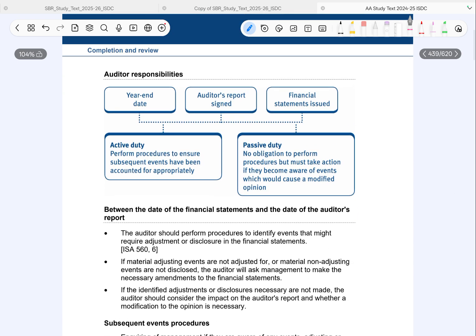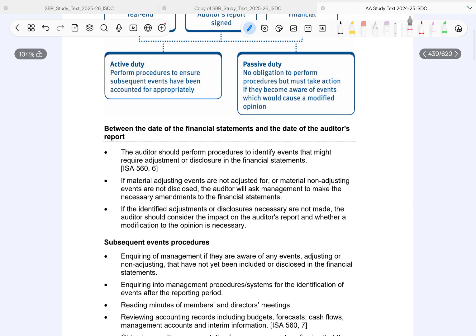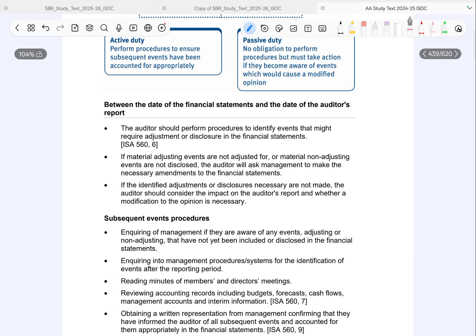Okay, so let's move on. Now we'll talk about what the auditor actually does between the reporting date and the audit report date, because this is where marks are very easy to score. During this period, the auditor is actively looking for any subsequent events that might need adjustment or disclosure. So, the goal is simple: identify anything important that could impact the financial statements. Now, suppose we find something material, but it hasn't been adjusted or disclosed.